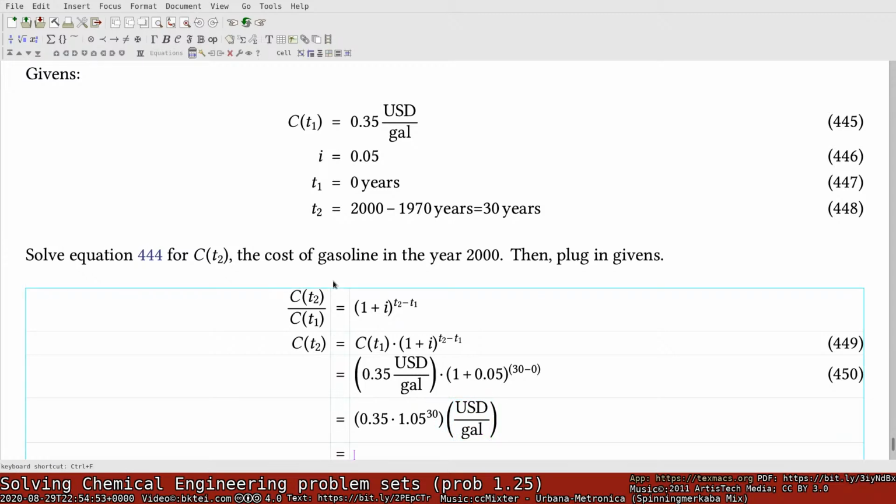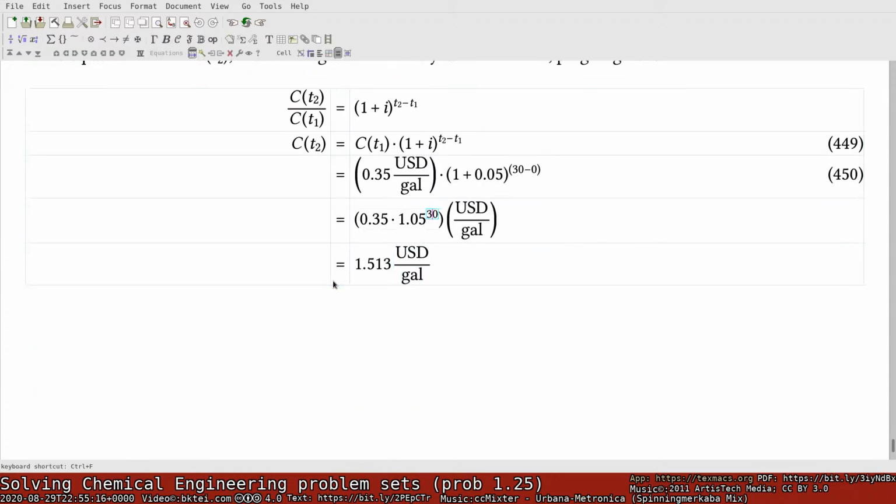And that will yield, just plug that into the calculator, 0.35 times 1.05 raised to the 30th power equals 1.513 USD per gallon.